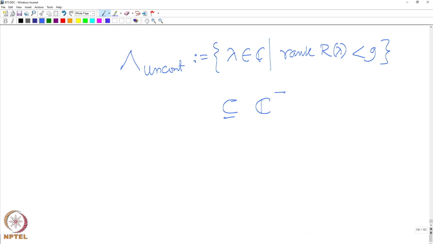When you put this controller, these modes you will not be able to change. So, each of these guys will give you trajectories like e to the power lambda t, which go to 0 as t tends to infinity. So, no wonder in such a scenario the system is called stabilizable.